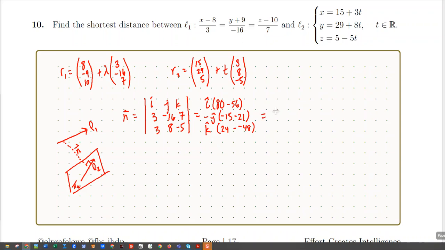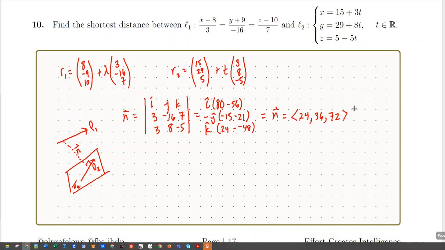Okay, so that tells me that my normal vector is going to be 80 minus 56, opposite negative 15 minus 21. And if we look to this, we seem to have 24 plus 40, so it'd be 64.